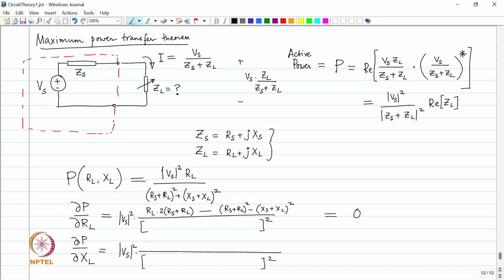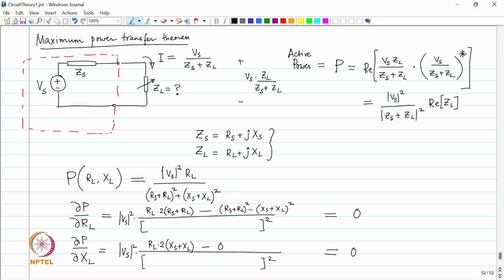So, I get R L into 2 x s plus x L minus 0. The whole thing is equal to 0. Fine.